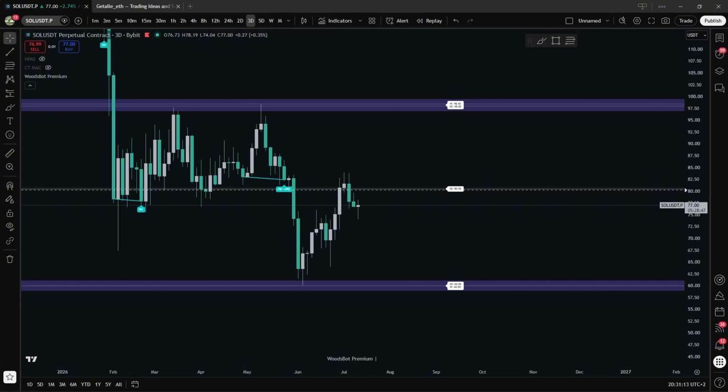I'm going to give you guys some examples of confluence you can use or what I would recommend. And I'm going to show you guys how you can use the replay tool in TradingView to backtest your strategies. Okay, let's get to it.